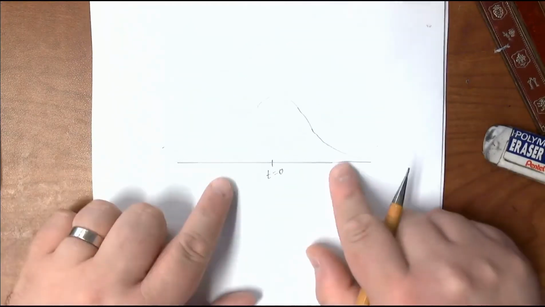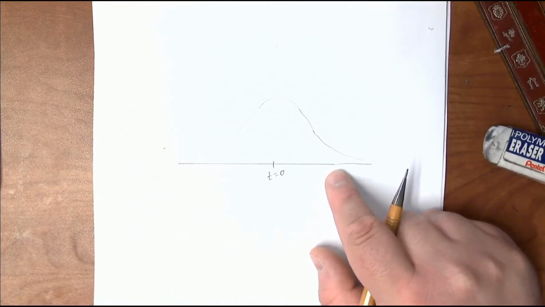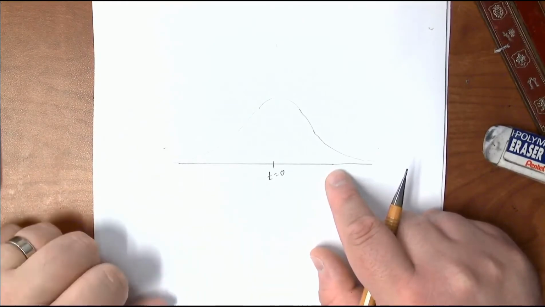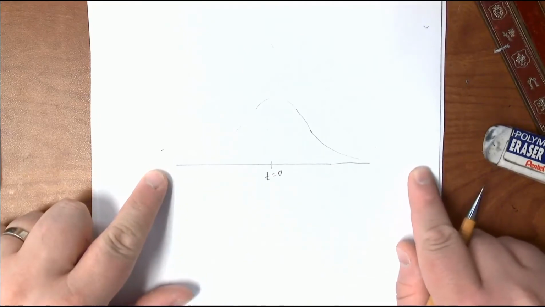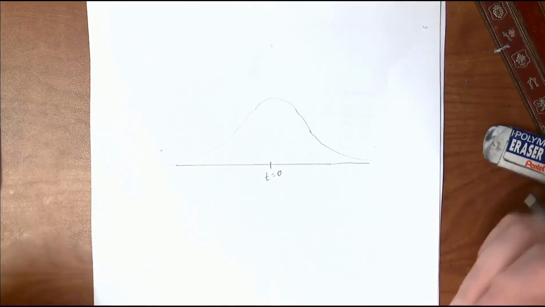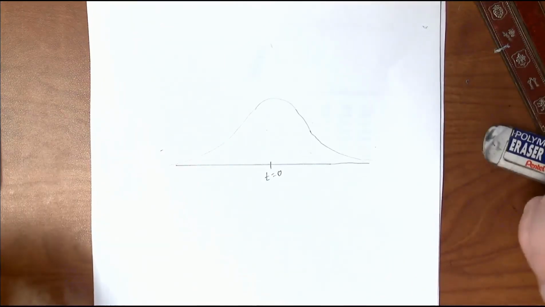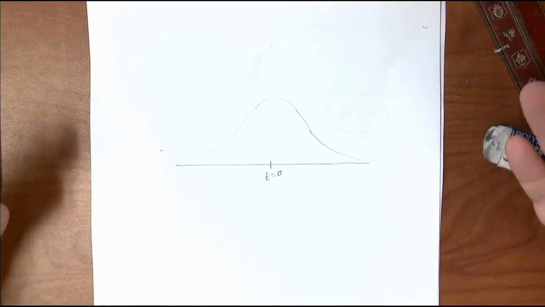The t-distribution is symmetric. That's the same thing, same as the standard normal z-distribution. And the tails extend indefinitely forever, just like with the standard normal distribution. So there's some similarities here, mainly the symmetry, and the tails extend forever, and it's still a bell-shaped curve.